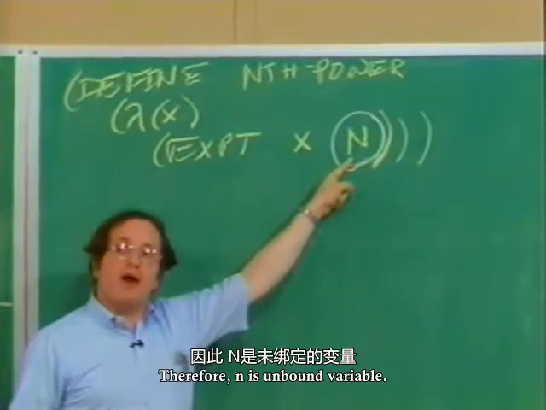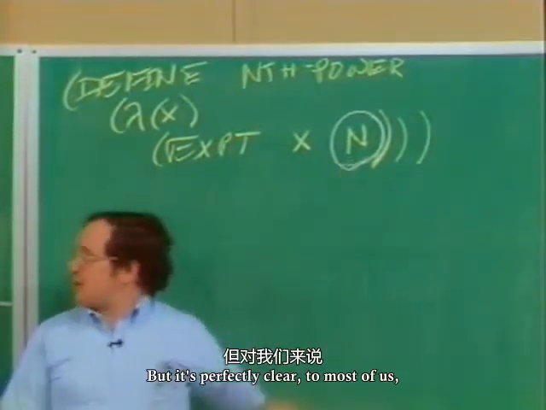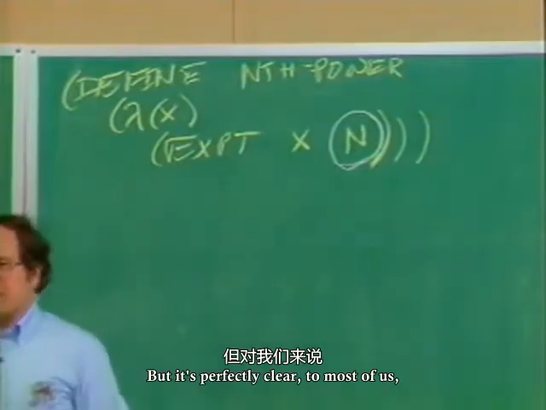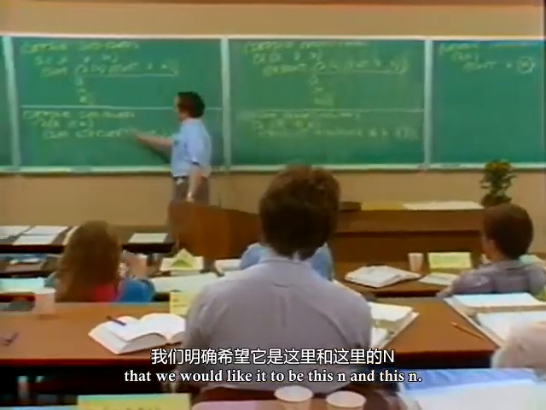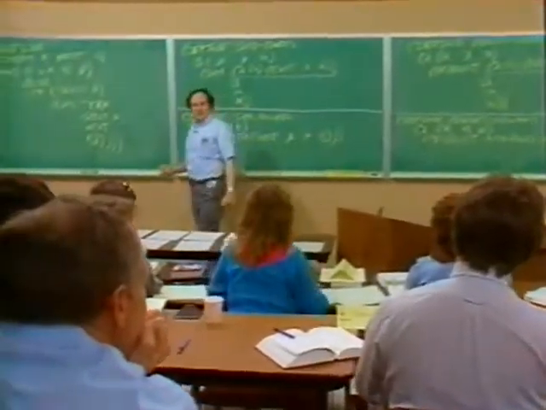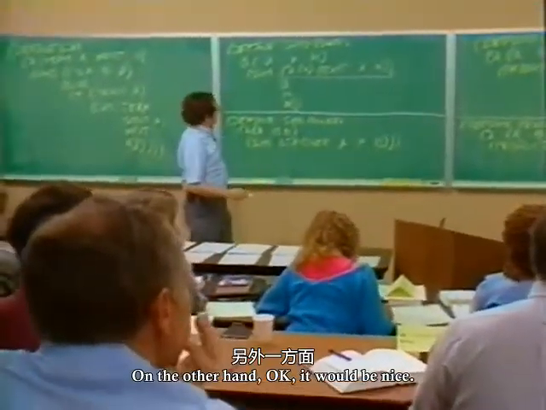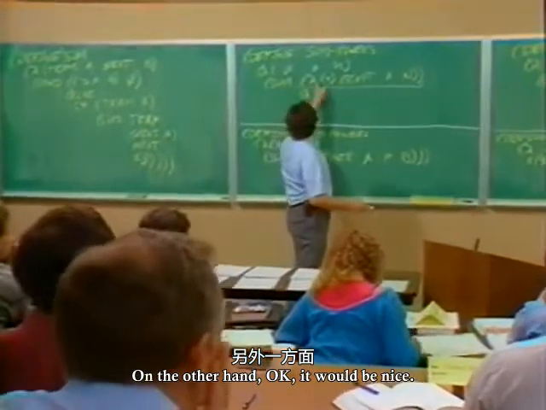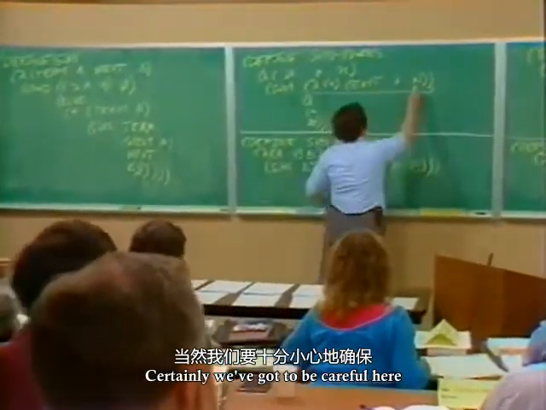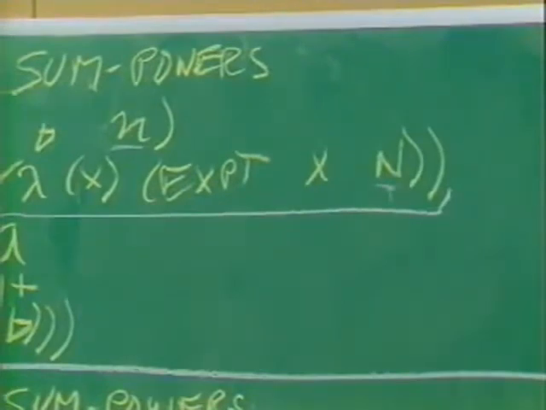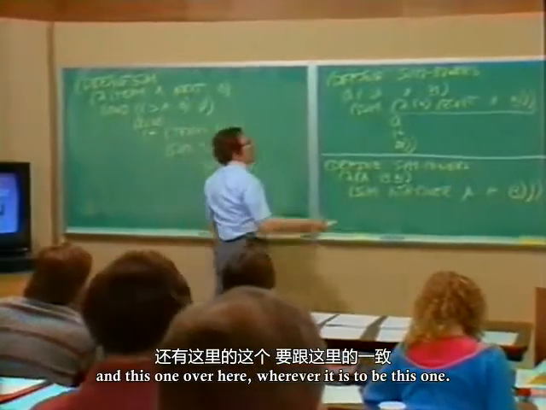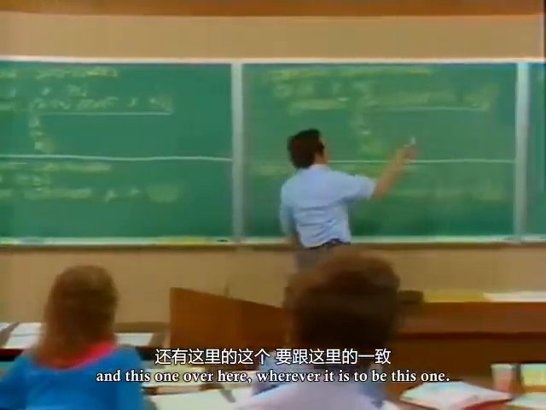Therefore, n is an unbound variable. But it's perfectly clear to most of us that we would like it to be this n and this n. Okay? On the other hand, it would be nice, certainly we've got to be careful here of keeping this to be this, and this one over here, wherever it is, to be this one.